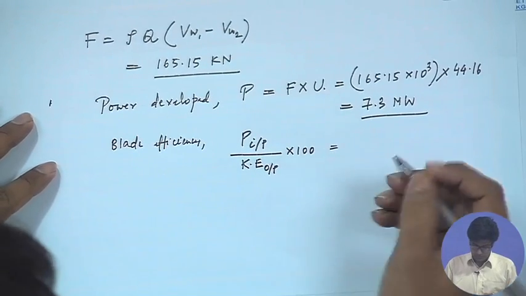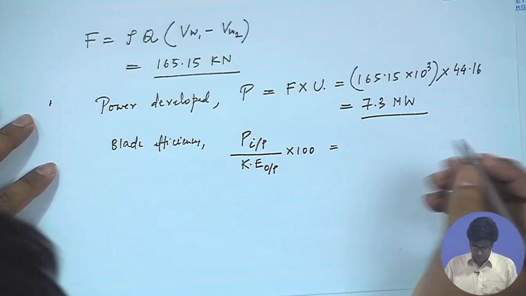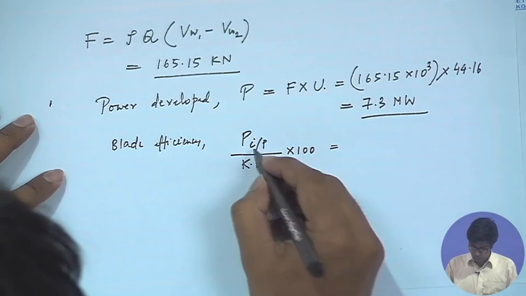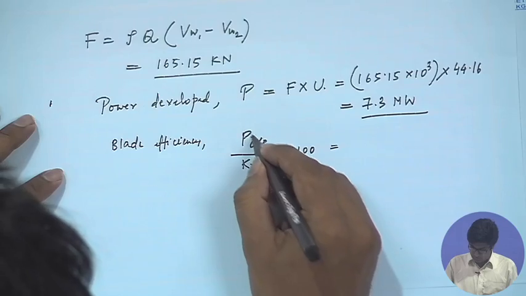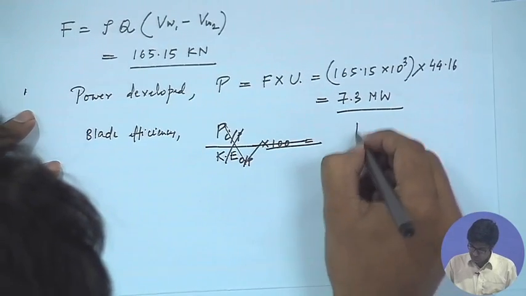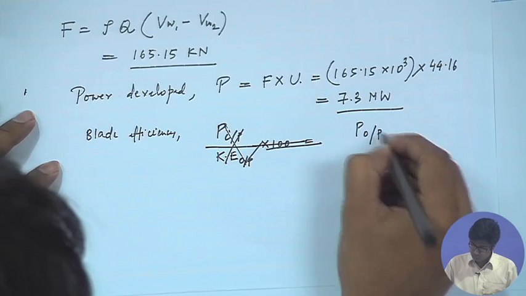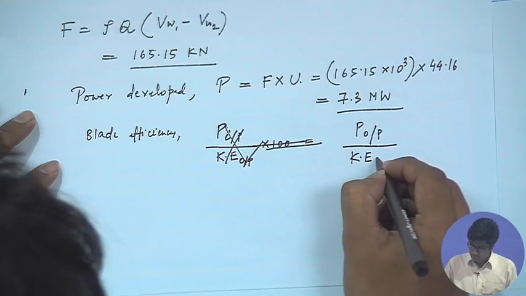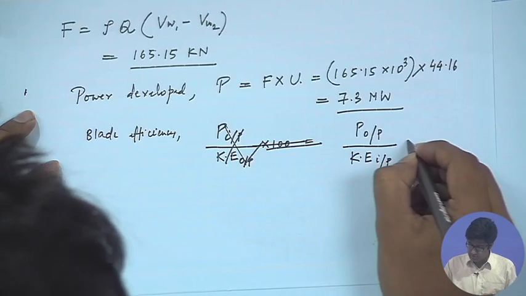So the output, so the input, sorry, I made a mistake. The blade efficiency is the ratio of the output power divided by the input kinetic energy of the jet.